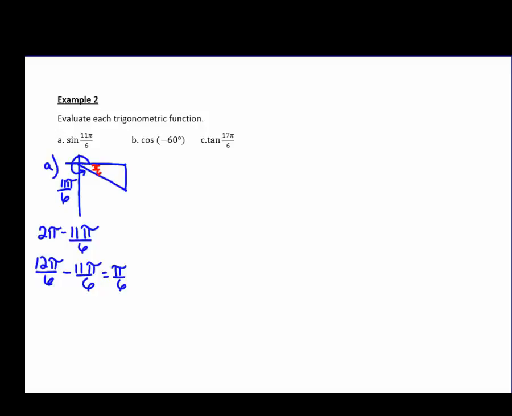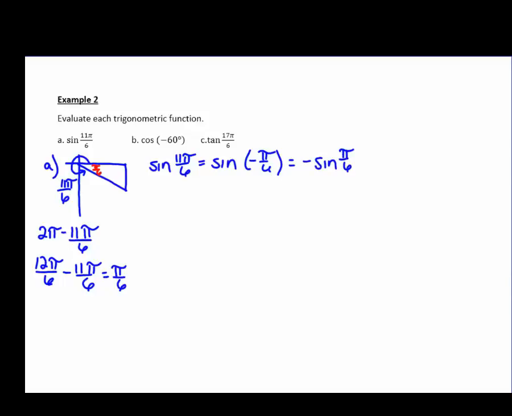Okay, and so now we can take the sine of 11 pi over 6, and we can say that's going to be the same thing as the sine of negative pi over 6. And if we think about our odd and even functions, sine is odd, so that's going to be the same thing as negative sine of pi over 6.